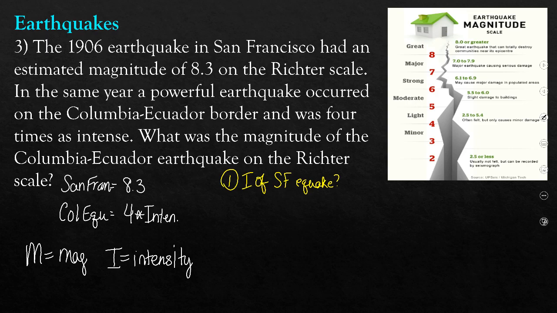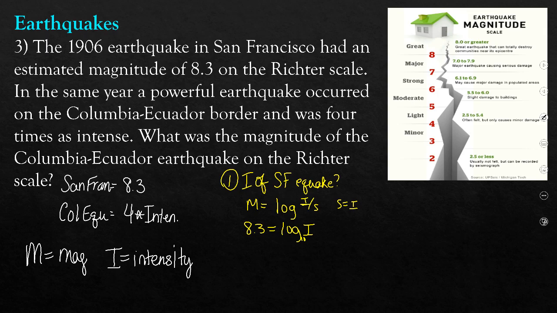So I know its magnitude, M, equals log base 10 of I over S, where S equals 1. The magnitude that we have is 8.3. That equals log of the intensity. You can just put log of I because S represents the standard, which just has a value of 1. Just as we did in a previous example, this is log base 10.